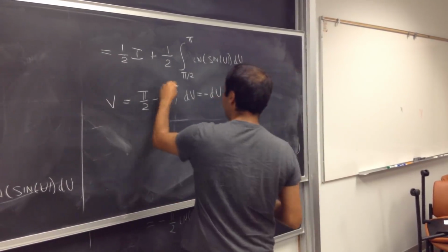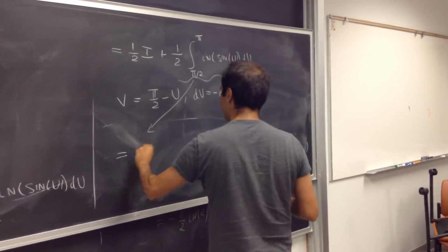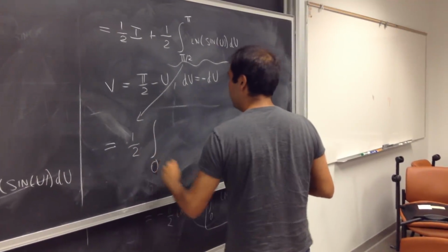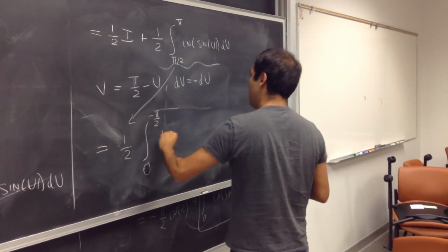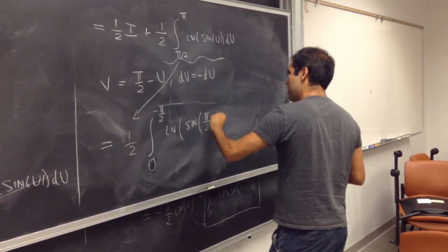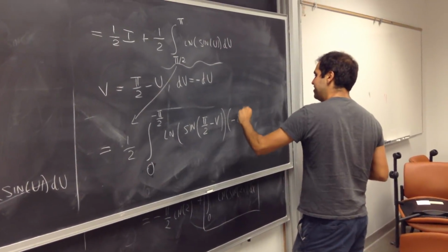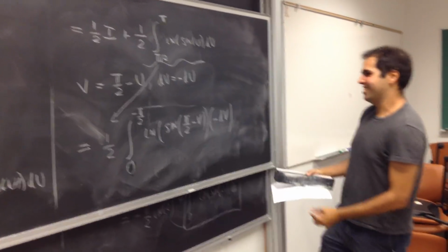So this thing becomes 1/2 integral from 0 to minus pi over 2 of ln of sine of pi over 2 minus v, minus dv. It's almost like DVD, but not quite.